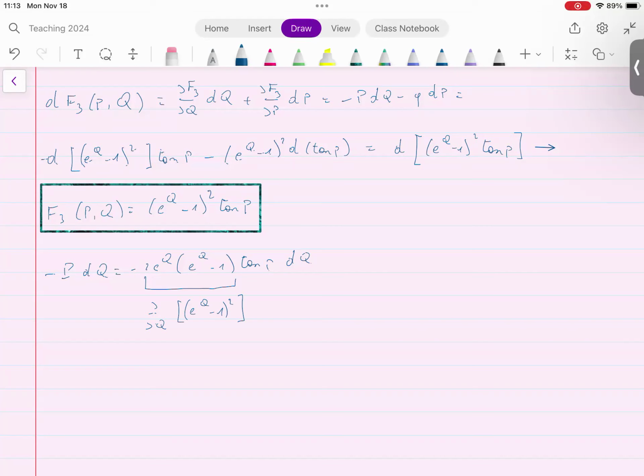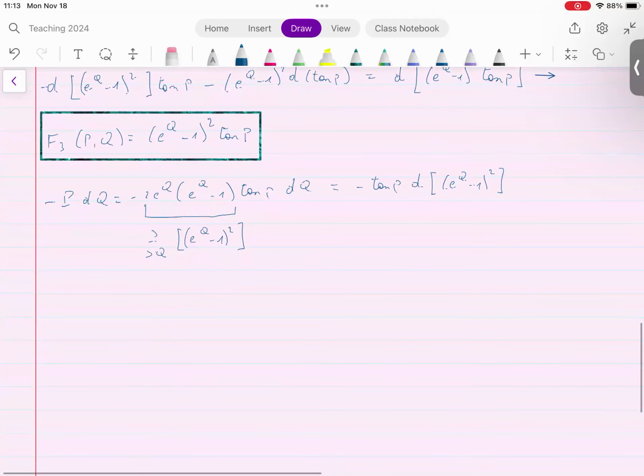The derivative of a function of Q squared is twice the function times the derivative of the function itself, which is e to the Q, and that's exactly what I have up there. And that's why this gives me minus tangent of p d of e to the Q minus 1 squared.